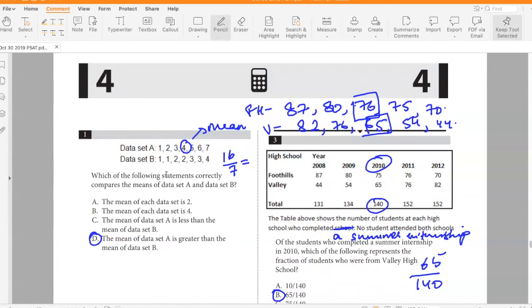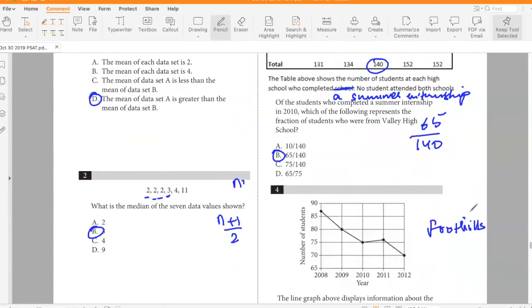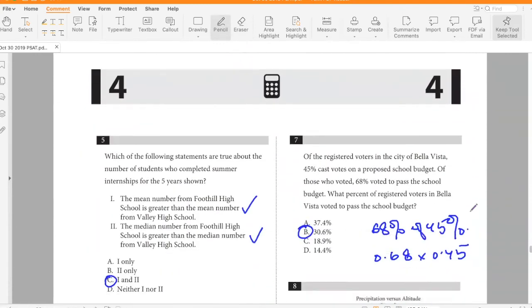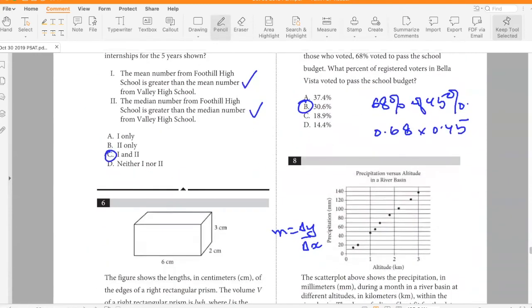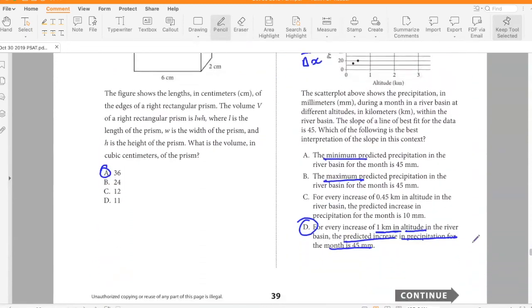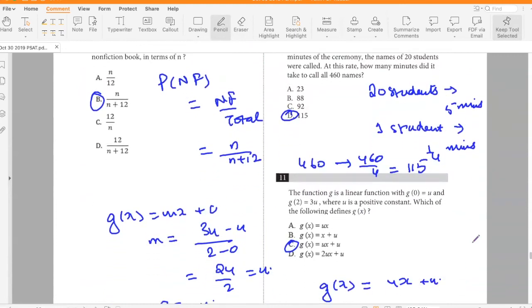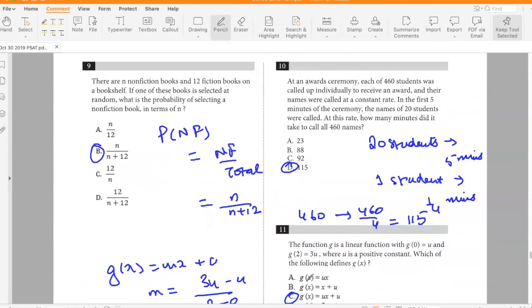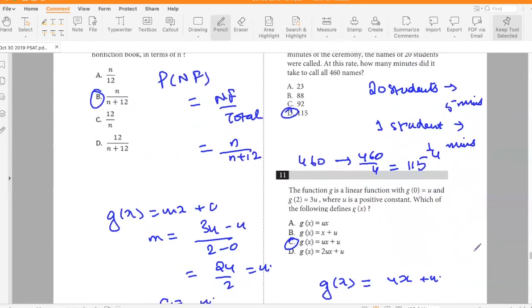So question 1, DBBAC. Number 6, ABDBD. Okay, 11. 11 is CBDCCD.